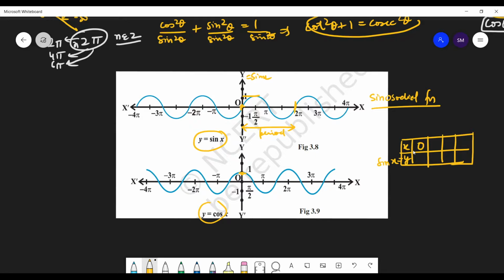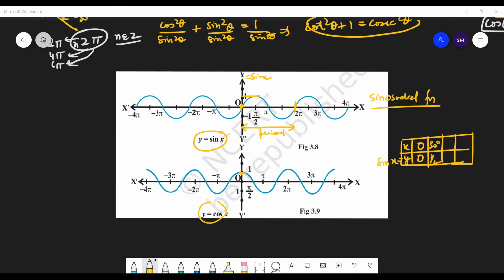So put x equal to 0. Then sine 0 is your value of y, that is 0. Put x equal to 30 degrees, sine 30 degrees is 1 by 2. So this way you can get the values of sine x, and that is equal to y.